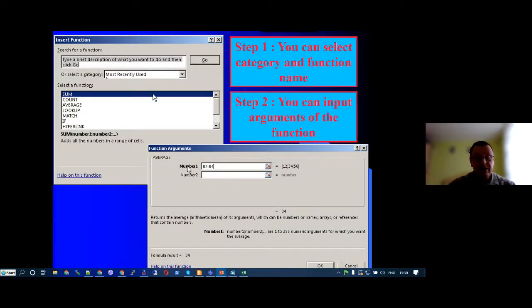And here is, despite all the changes within the years of existence of spreadsheet applications like Excel, the insert function wizard almost did not change for decades and still consists of these 2 dialog boxes. First, it allows you to search or pick a function from the recent list or from categories.